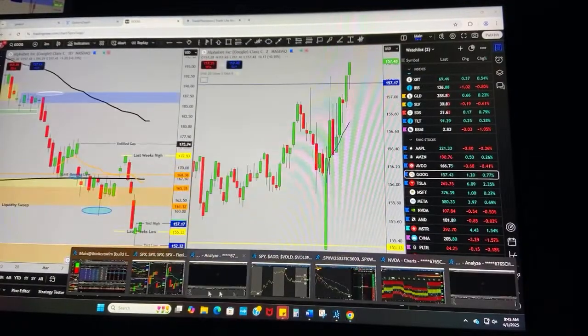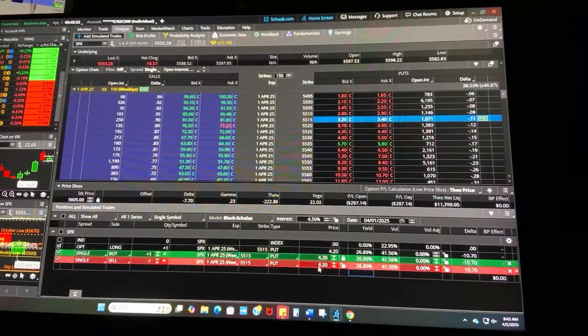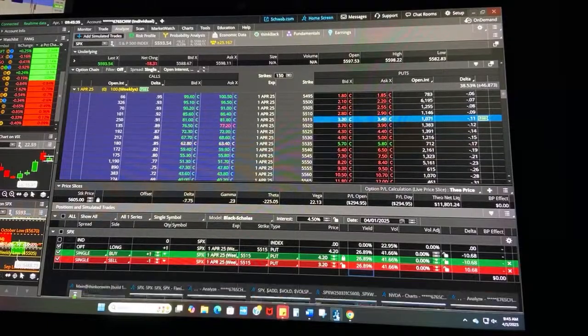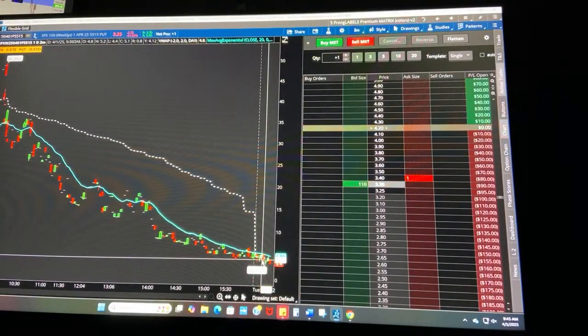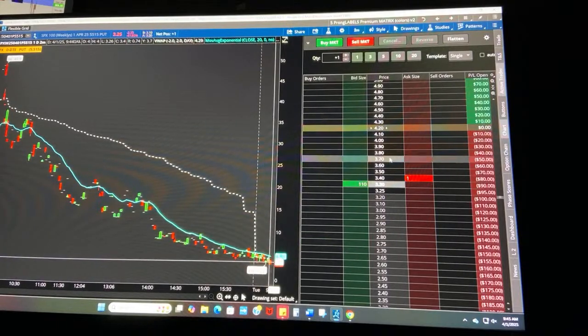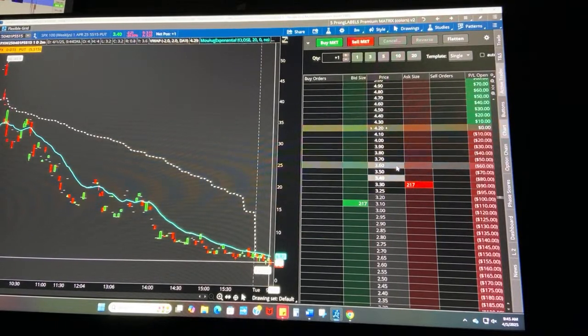So I was too slow on taking profit on these puts, so we gotta be careful with these. I was too slow here. Google new high. So FANG's catching some bids here.